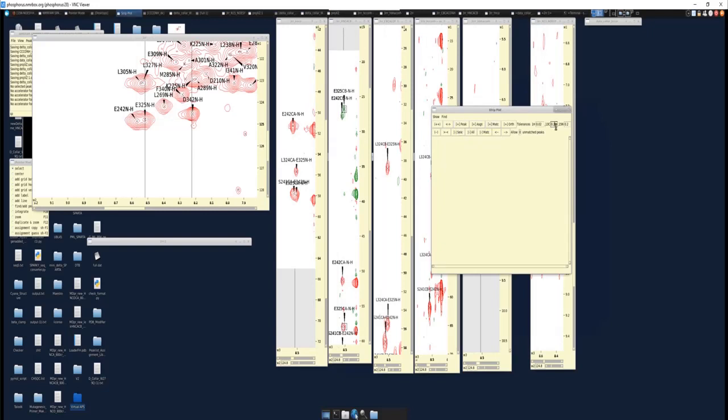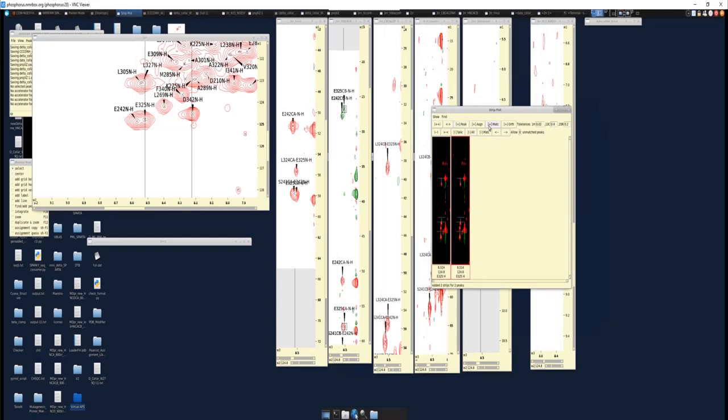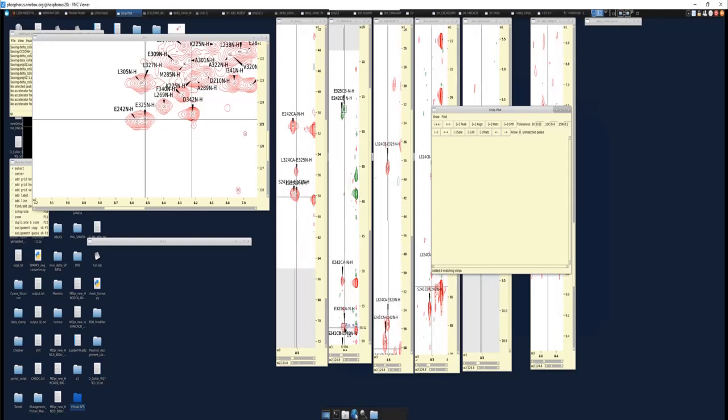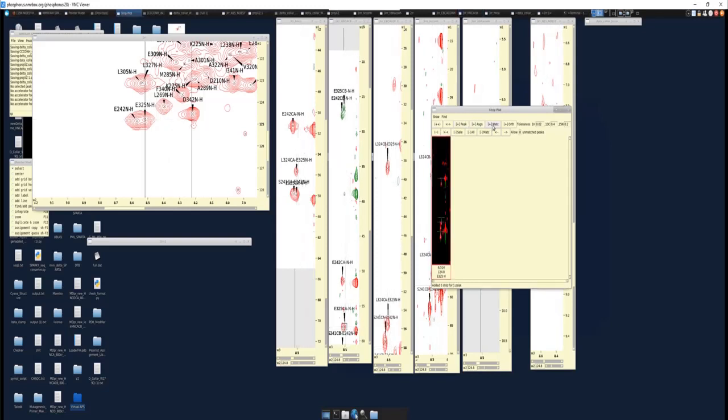So let's bring my tolerance up a little bit. Peak, match, and there's no matches, which we know for a fact there is because I've already assigned this. This happens sometimes in Sparky. It can be a little glitchy and doesn't always work perfectly.